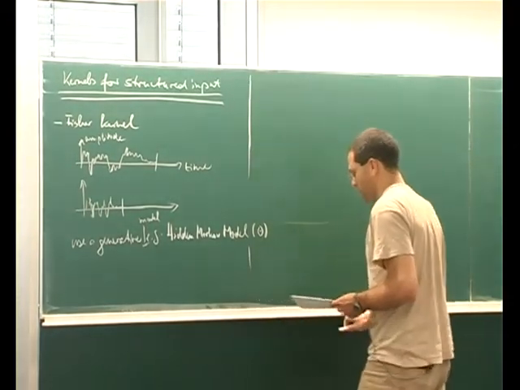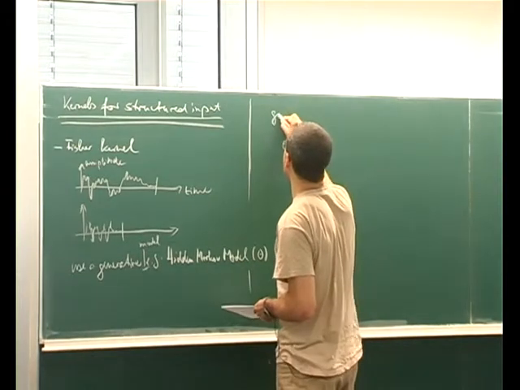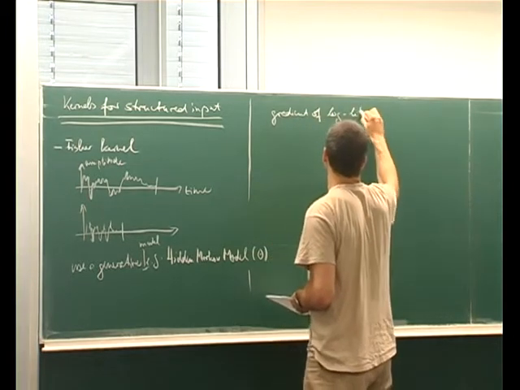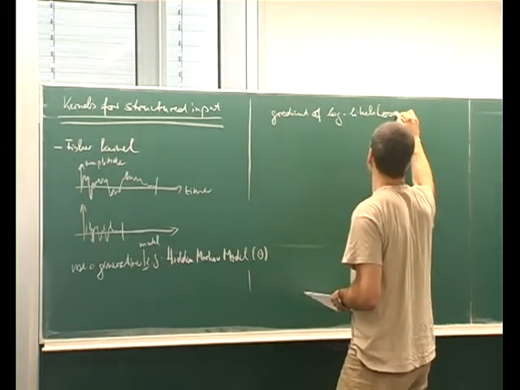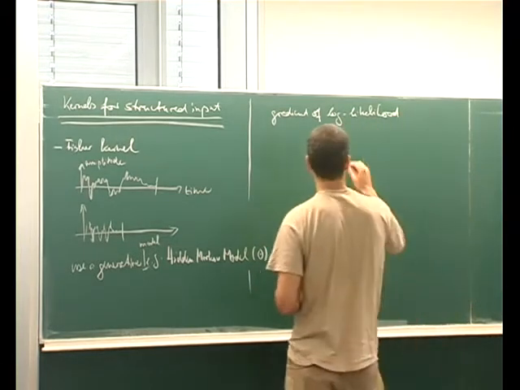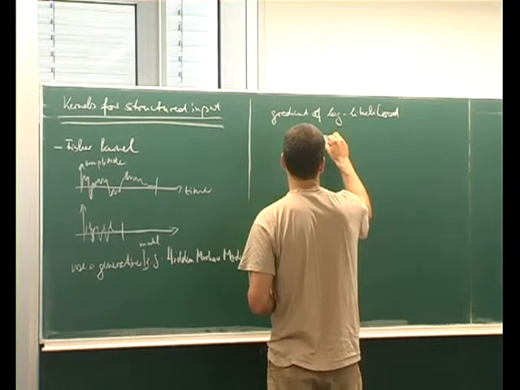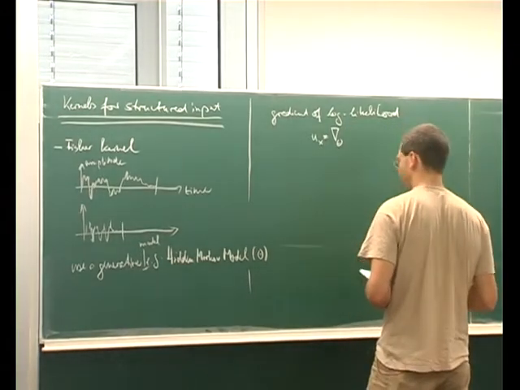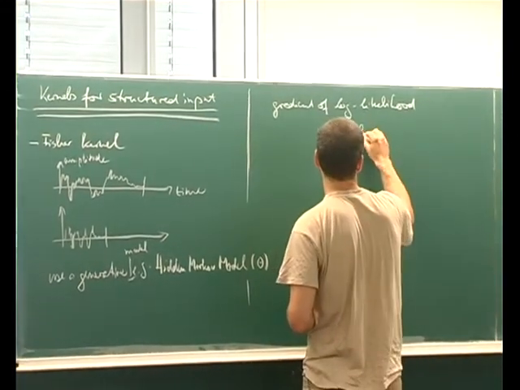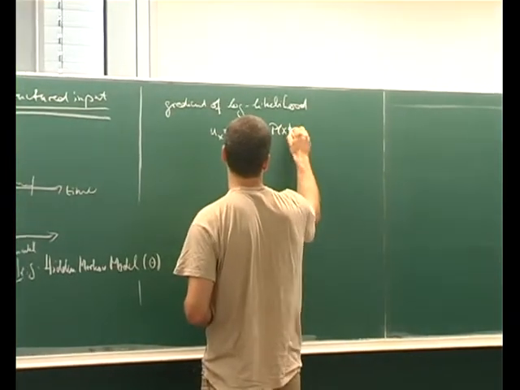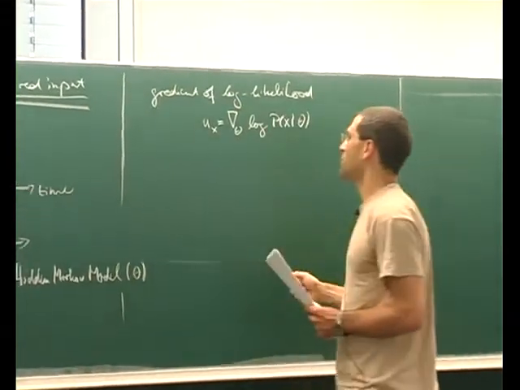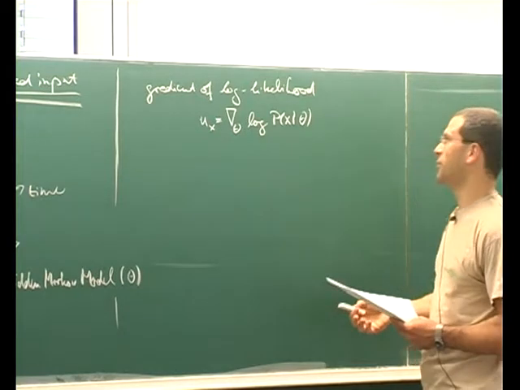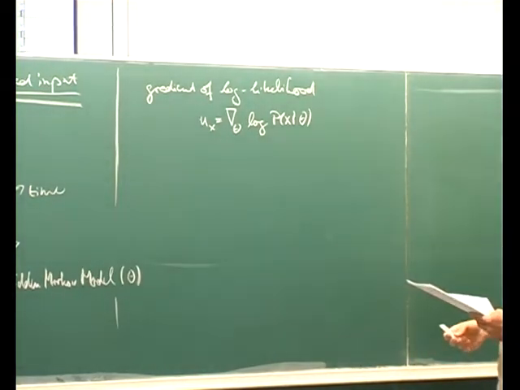And one can now compute the gradient of the log likelihood. So we take the gradient with respect to the parameters. So x are our observations here, which can be time series, for instance, of different length. Theta are the parameters.